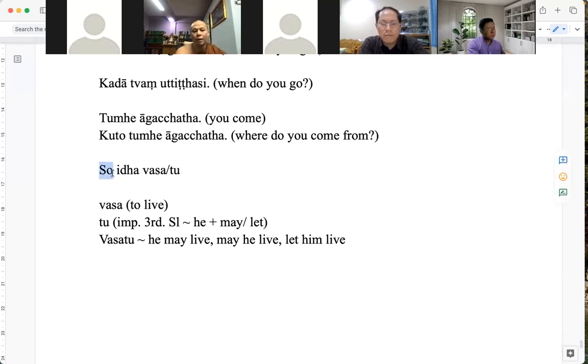But in some later sentences, after we have already learned the noun form, we will use, for example, "Buddha was said to," or "Buddhism was said to," like that. For now we focus on the personal pronoun, because we are focusing on the usage and declension of the verb. So now: he may live, or may he live, or let him live.